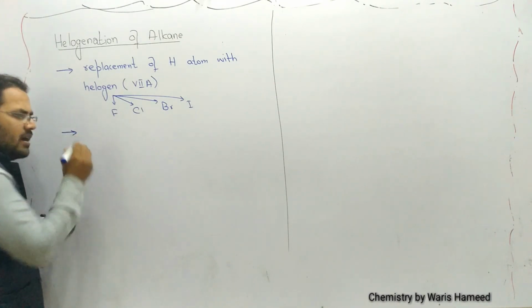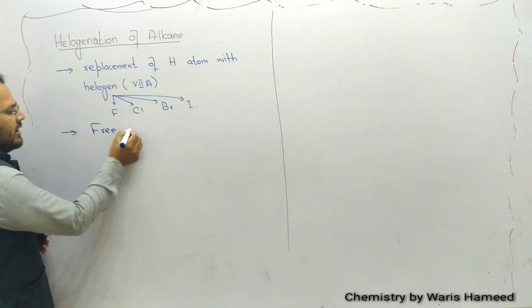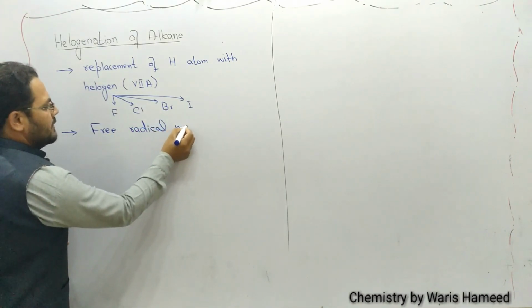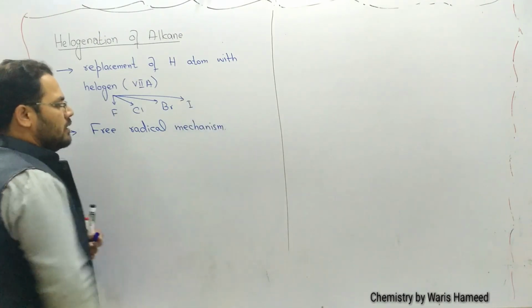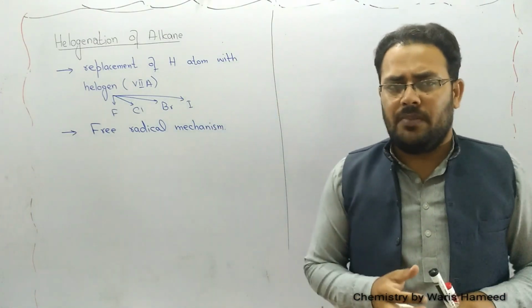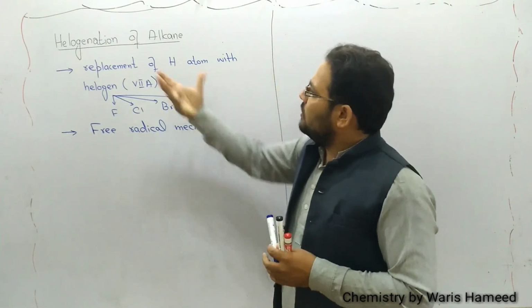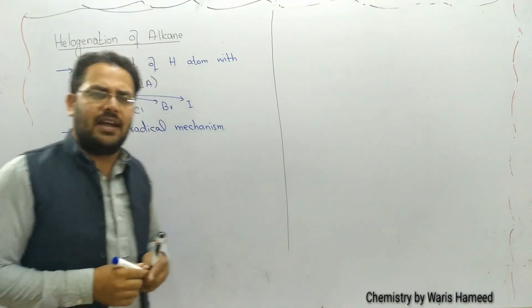This reaction is also known as free radical mechanism. We know that alkanes are inert. They have sigma bonds and are very least reactive, and halogenation can only be easily done in the presence of sunlight.